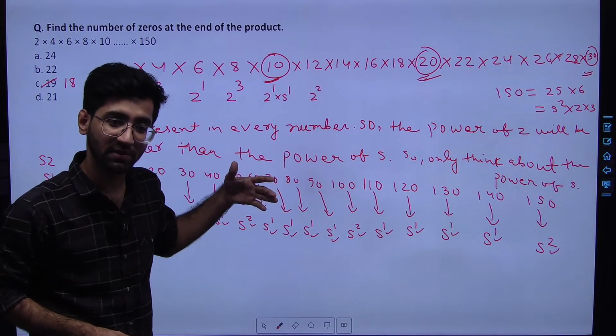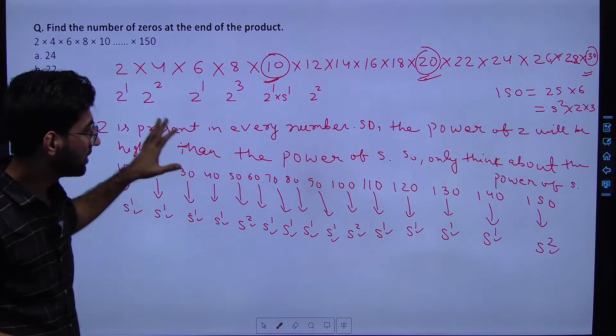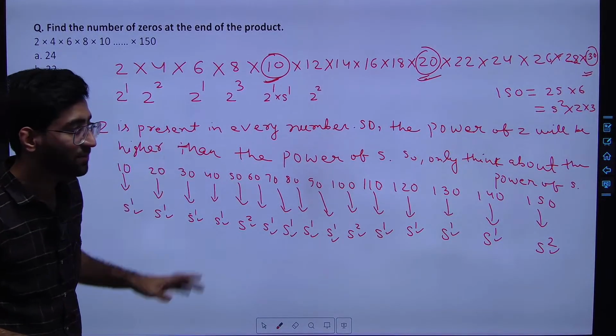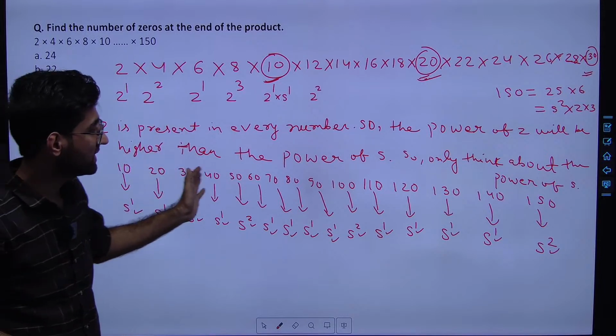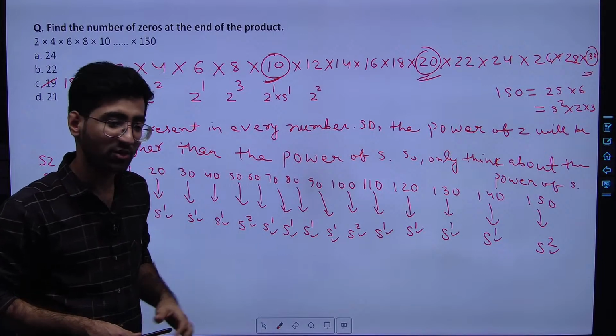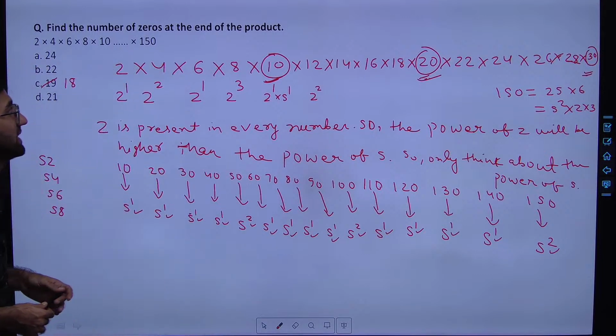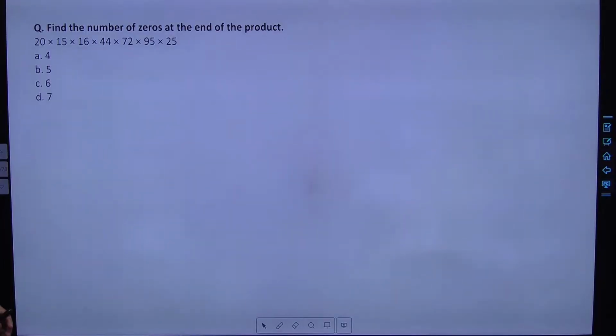Means we only had to look at the power of 5, right? And we knew that 5 will be present in these numbers. So what is the correct answer? 18 is the correct answer. 18 is the number of zeros at the end of the product, right? Now try to answer this question.